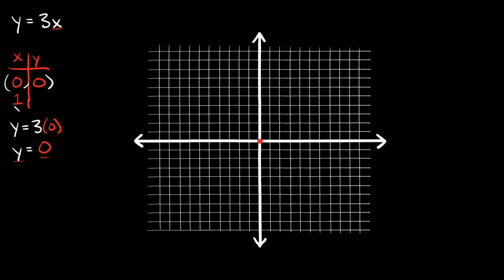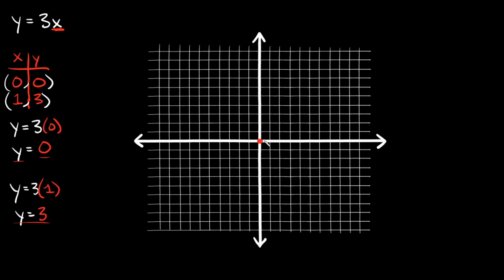So we have y = 3 times x, but our x this time is a 1. So 3 times 1 is just equal to 3, so y = 3. We found another ordered pair, (1, 3).